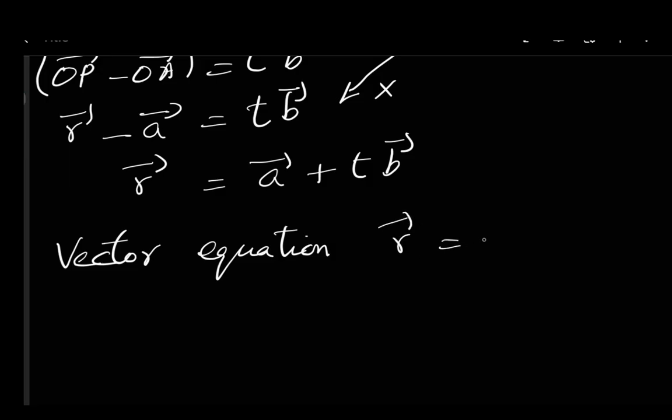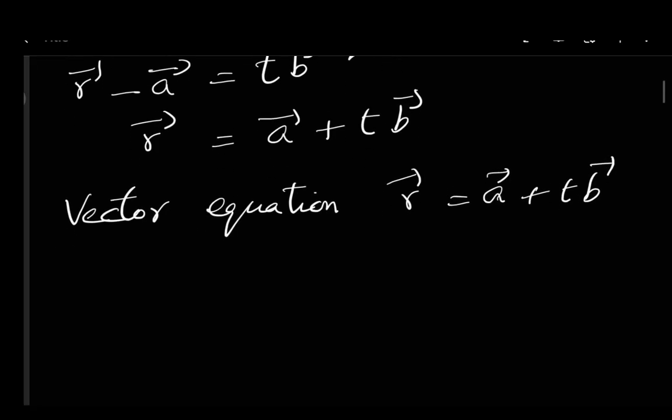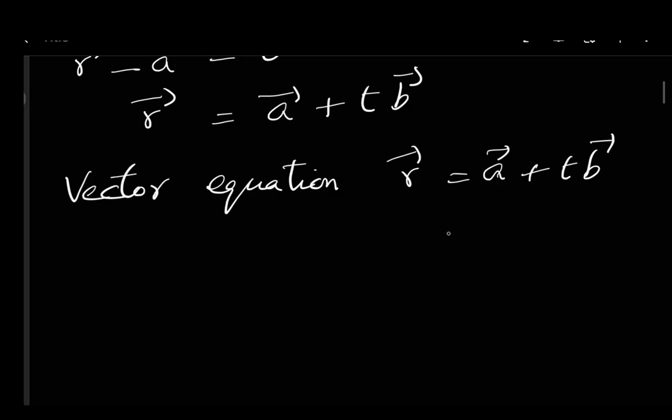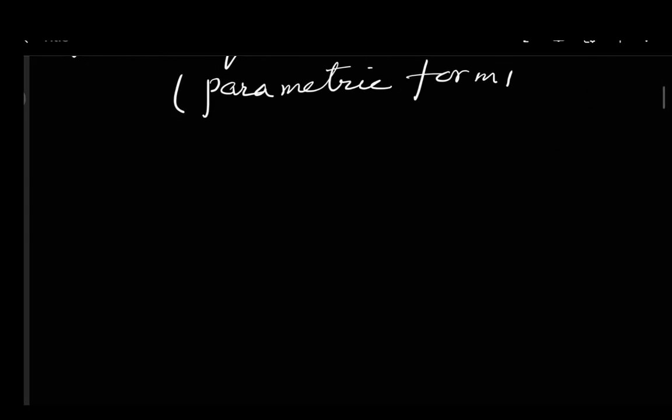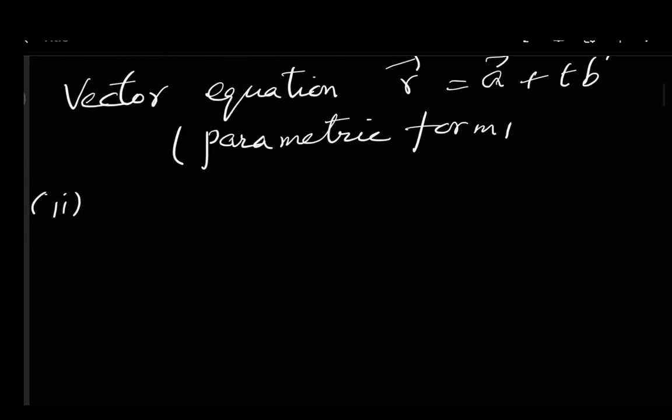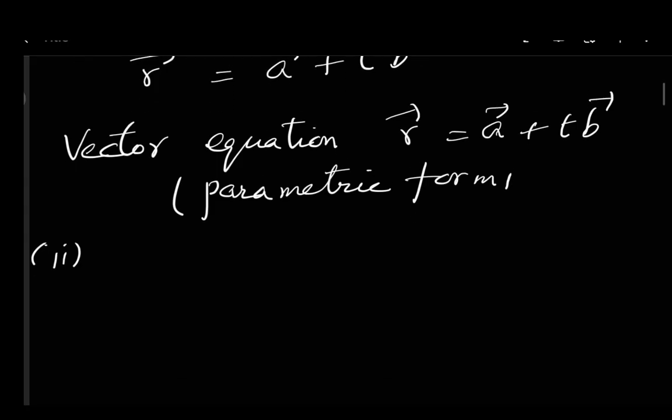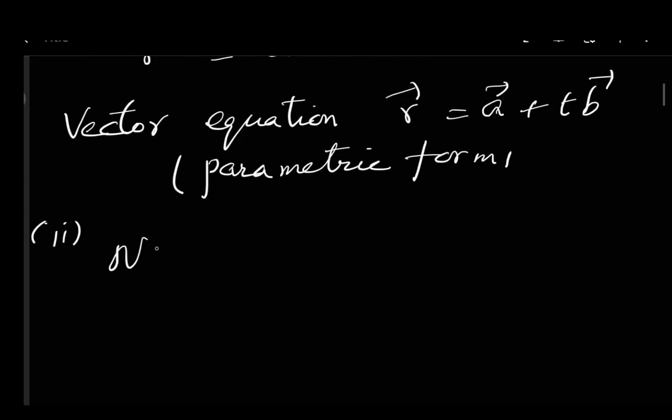Vector R is equal to A plus T into vector B. This form of representing the straight line is the parametric form. The next one is, we are going to represent the same straight line equation in the non-parametric form.